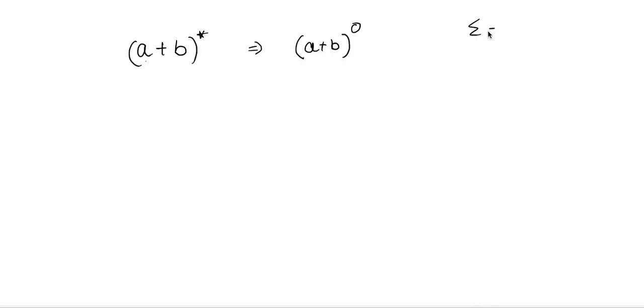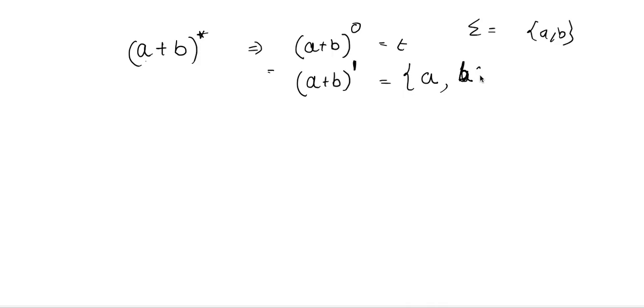See, sigma here is a comma b, keep in mind. So it becomes epsilon. Okay, if I put 1 in place of the star, what will happen? A string of length 1 with the help of a and b, the language becomes a, b. So this is the language.